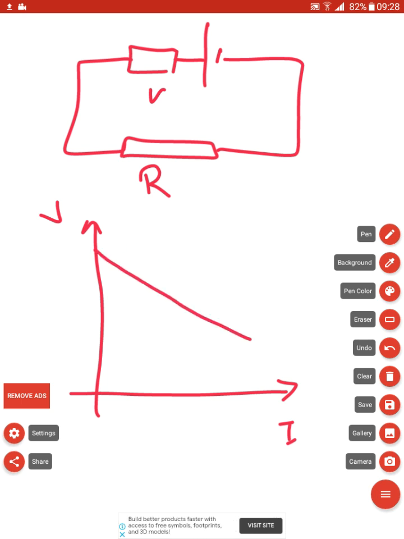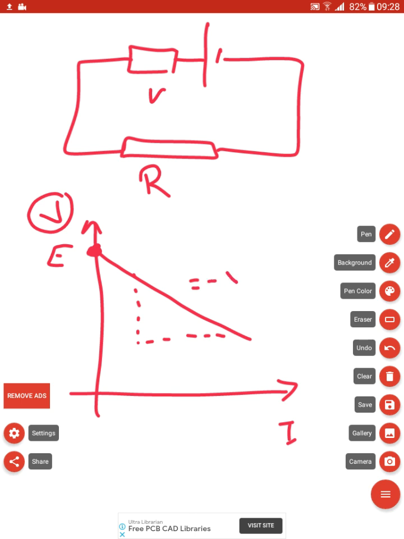The maximum value of voltage that we can have is the EMF, so this value is the EMF. The gradient of this line is equal to negative R. Why? Because EMF minus IR is equal to the voltage of the load resistor.